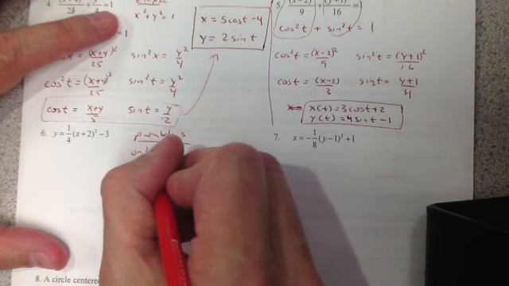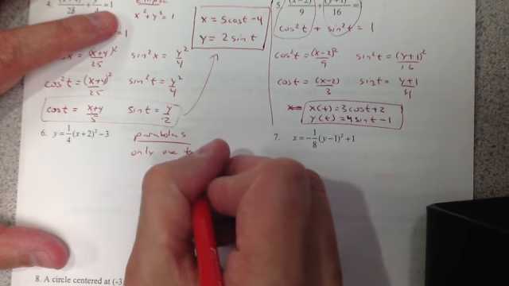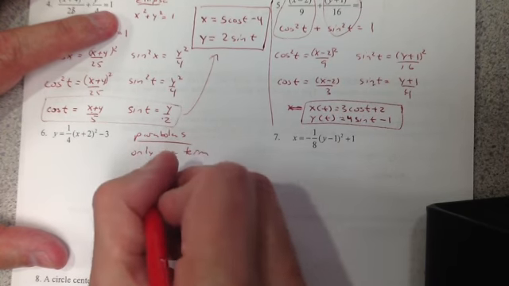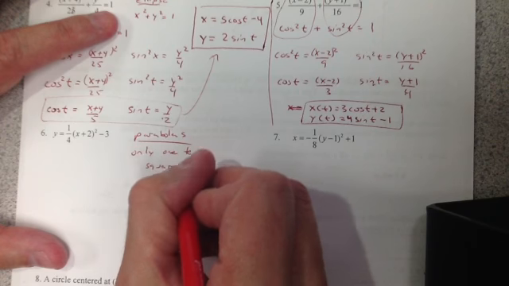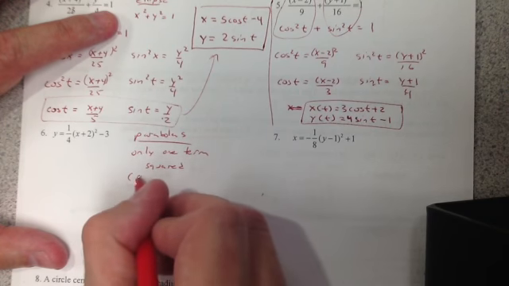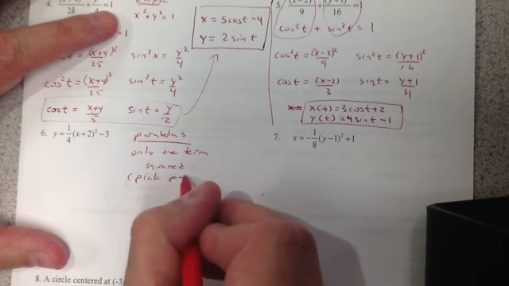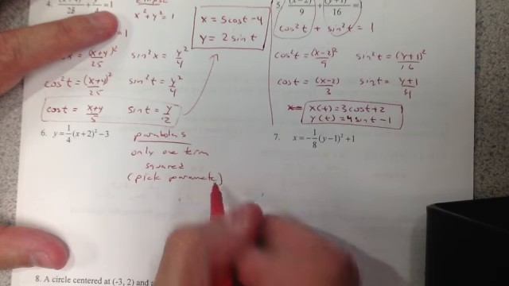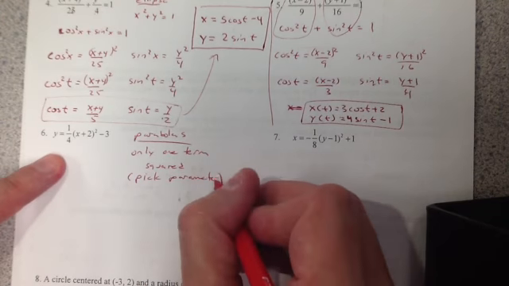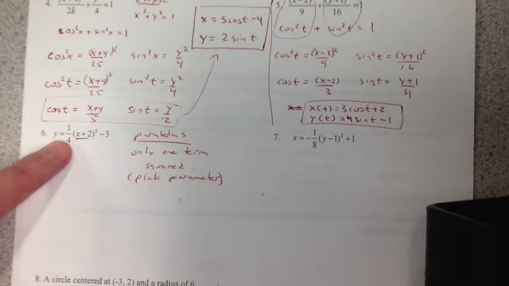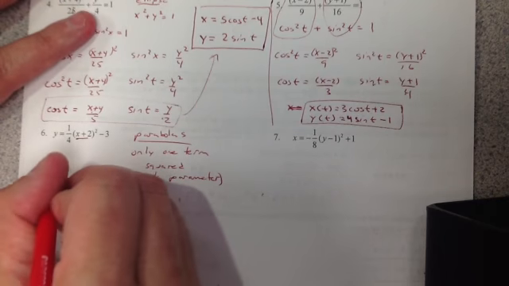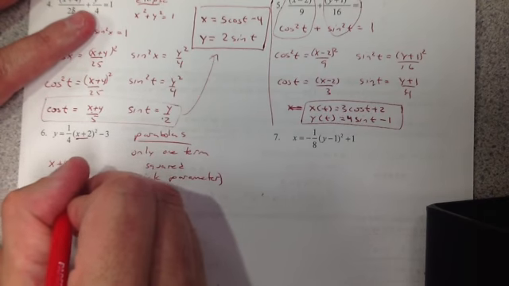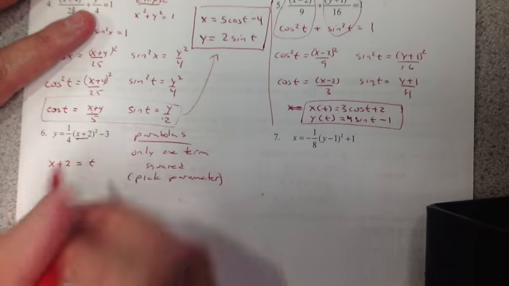So if only one term is squared, we have to just use it the other way. We get to pick a parameter. Now, when I say pick a parameter, make it easy. Ready? I look here. This x plus 2, I let that be t.